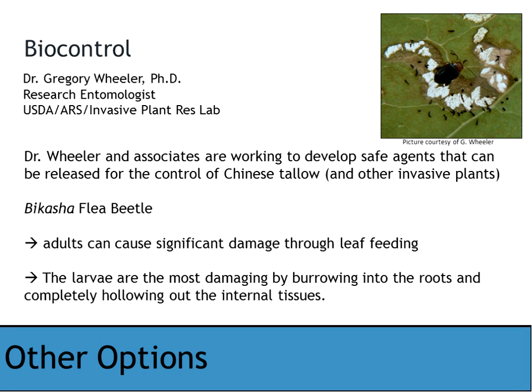And so Dr. Wheeler and associates at the Invasive Plant Research Lab are actually developing biocontrols for Chinese tallow tree, and they're pretty far along. They have this Bikasia flea beetle, which the adults can cause significant damage through leaf feeding, and the larvae are actually the most damaging, burrowing into the roots and completely hollowing out the internal tissues.